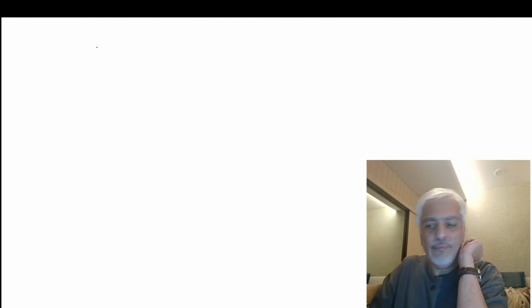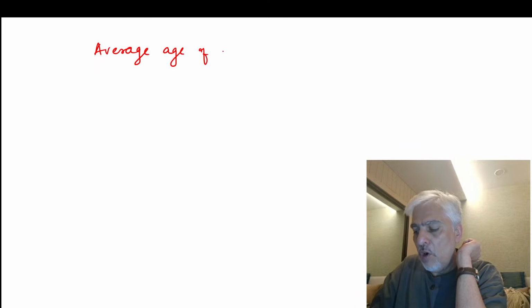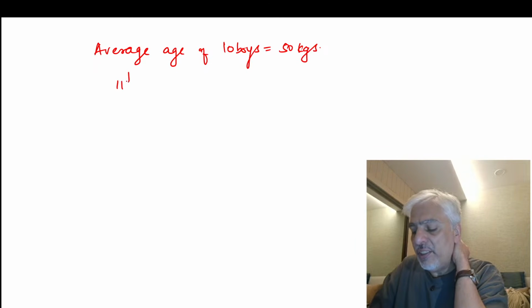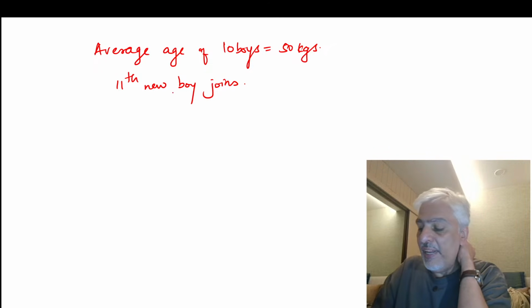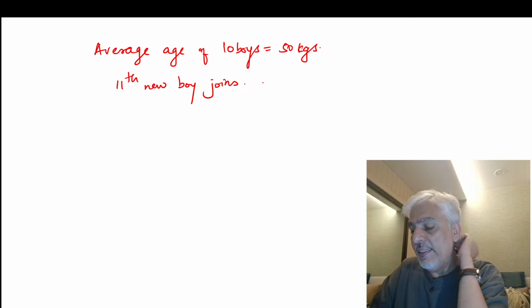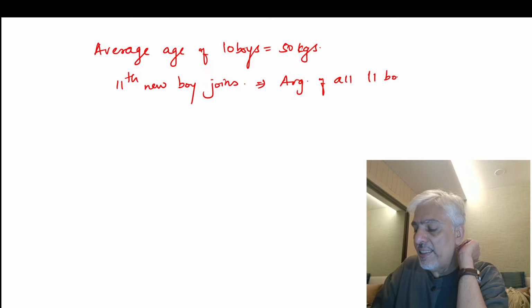Suppose the average weight of 10 boys is 50 kgs. And now when the 11th new boy joins, the average of all 11 boys is 52.